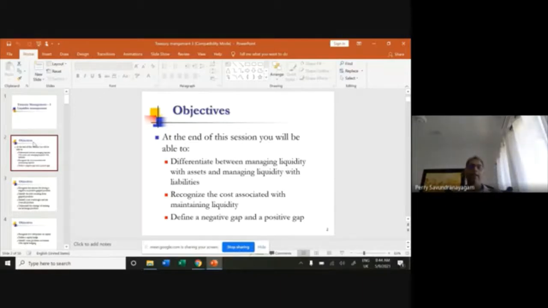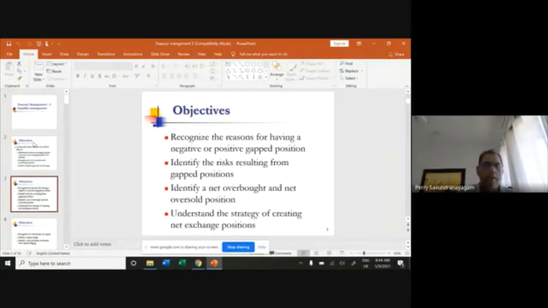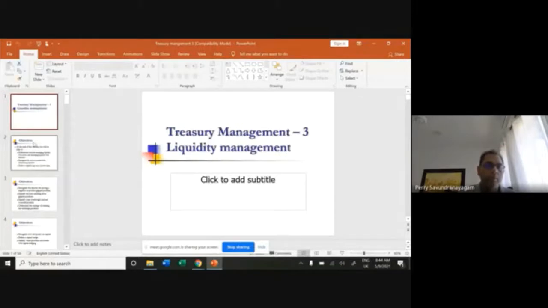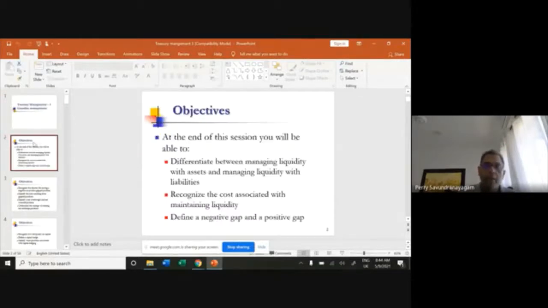We spoke in depth about the difference between liquidity and assets, and the importance of maintaining liquidity over profitability rather, and basically the costs associated with doing that.